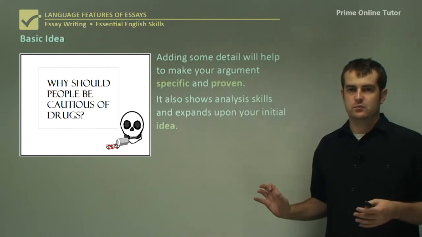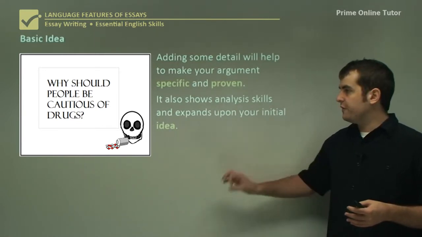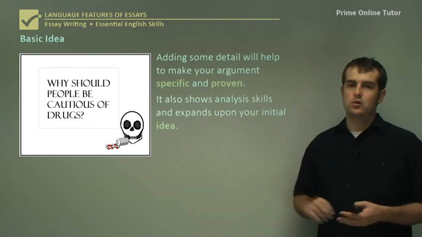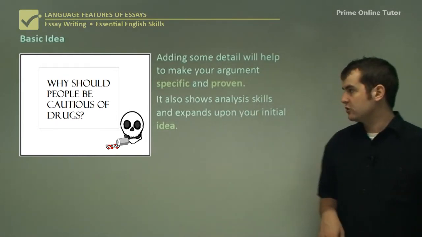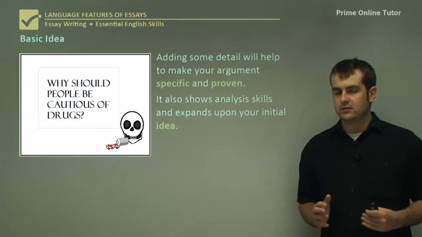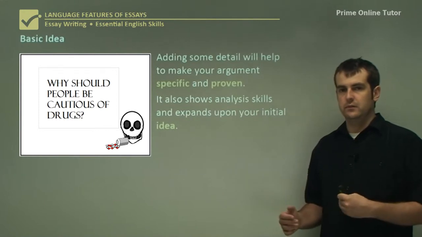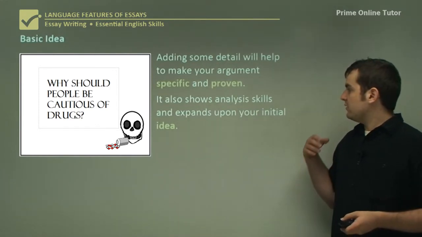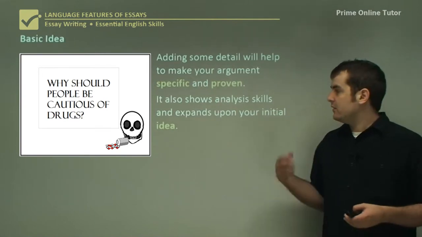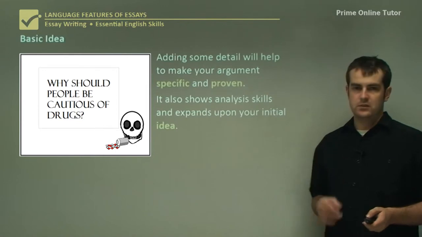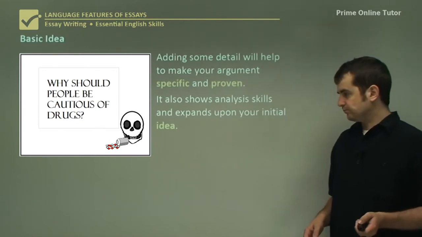That's what your evidence will do, so you're referring to something like a survey, which will back up your idea that people should be cautious of drugs. You're also saying specifically what about drugs will kill you, and then using that evidence to say why. We'll also expand on that initial idea, going from drugs kill people to your complete answer. So let's look at the next step.